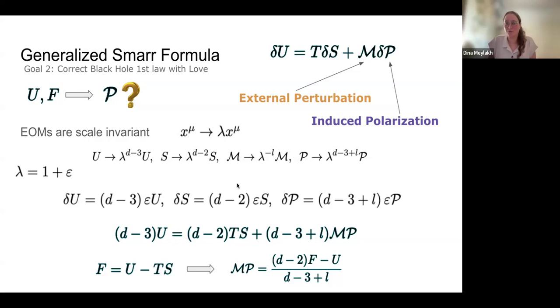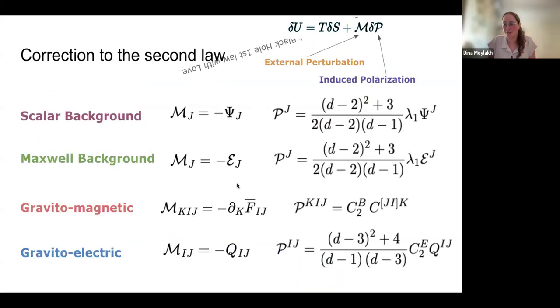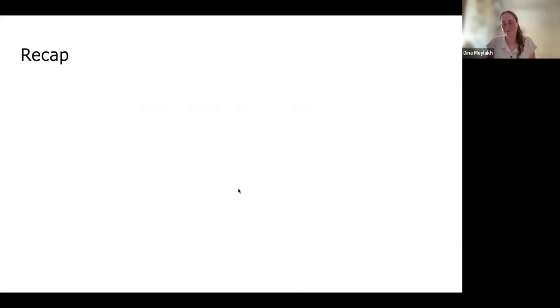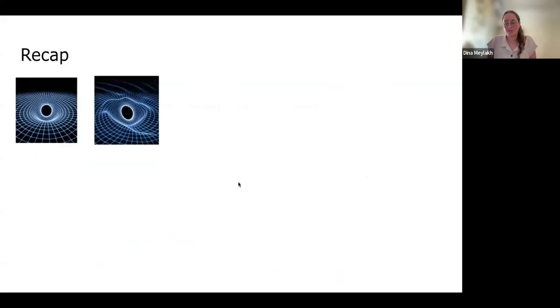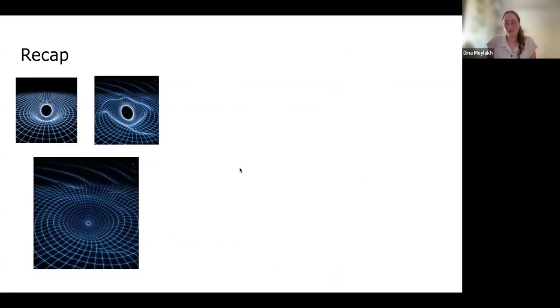Okay, yeah, so we completed our second goal. All that's left is just to do a recap, and we can talk about more questions if you want. So let's recap. We started from a Schwarzschild black hole. We induced some background perturbation to it. Then we looked far away at this black hole and treated it like a point particle with corrections.